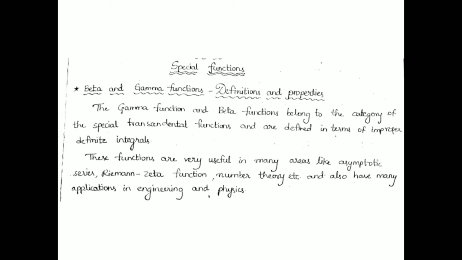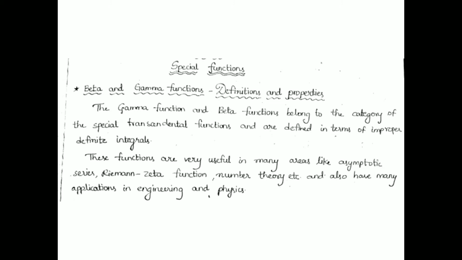These functions are very useful in many areas like asymptotic series, the Riemann zeta function, number theory, etc., and also have many applications in engineering and physics. So that is about beta and gamma functions.